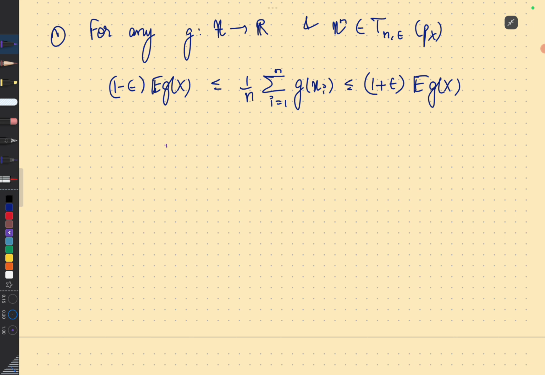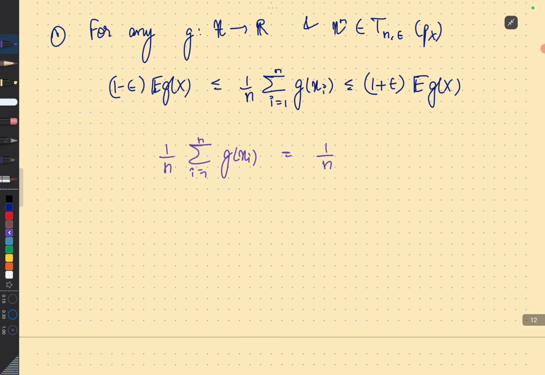And to see why this is the case, it's very simple. So 1 over n times the empirical average, you can rewrite this in the following way.